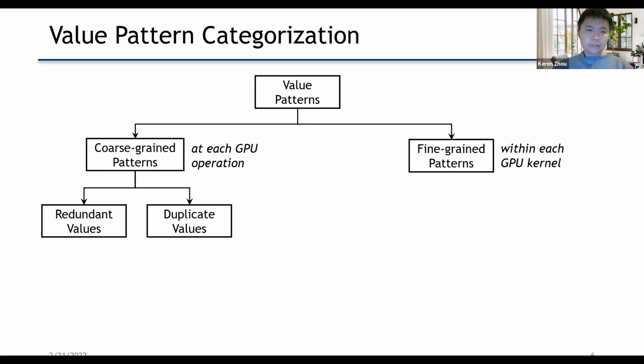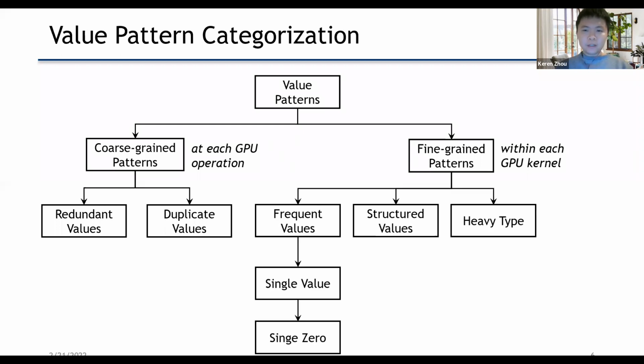For fine-grained value patterns, we further divide them into redundant values and duplicate values. Redundant values analyze value changes before and after a GPU kernel. Duplicate values analyze if GPU operations involve the same values. There are several fine-grained value patterns, including frequent values, structured values, and heavy type.